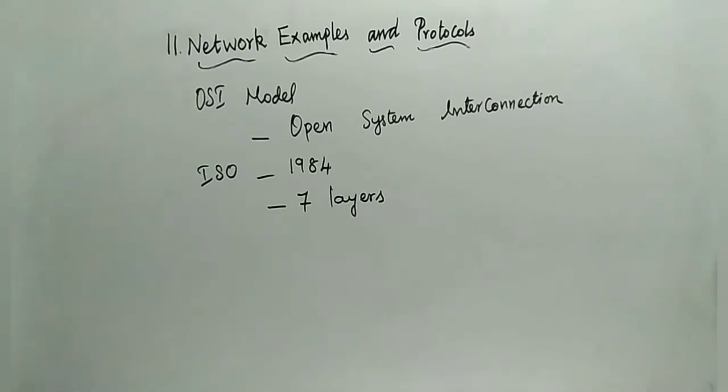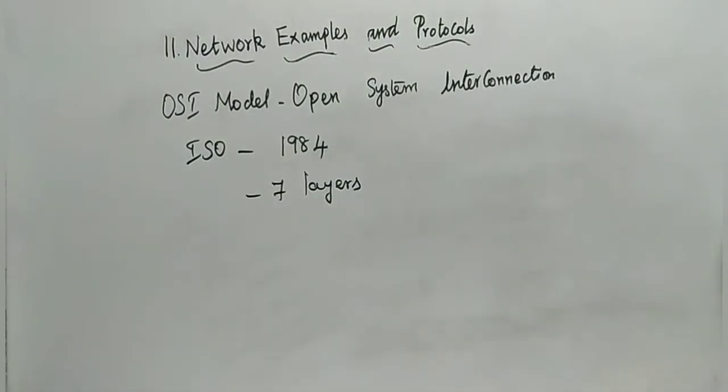Now we can discuss what the 7 layers are. The first layer is the physical layer.